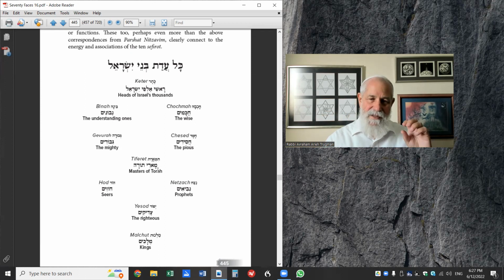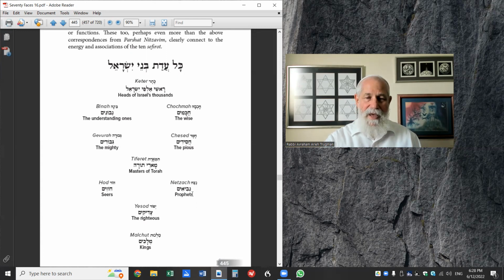Yaakov was a sincere person who dwelt in the tents. And all the commentaries going all the way back 2,000 years ago said, which tents? The tents of Torah, and specifically the yeshiva of Shem and Ever, the son and grandson of Noah, who had yeshivot in the land of Israel.